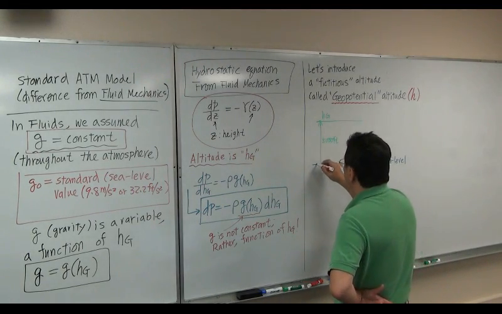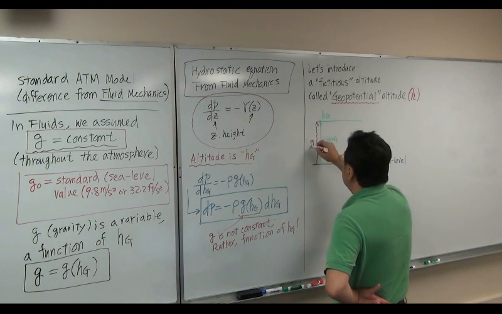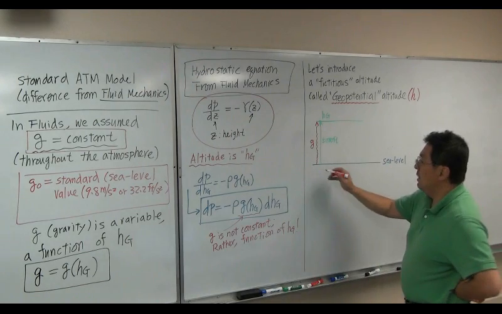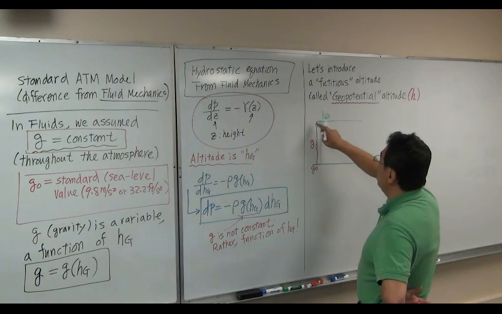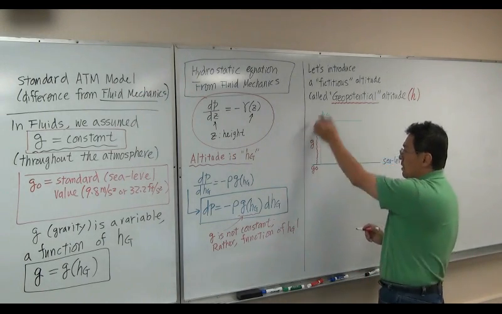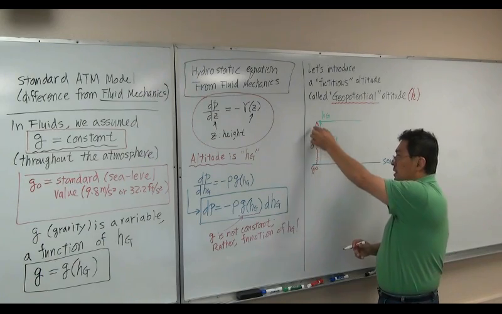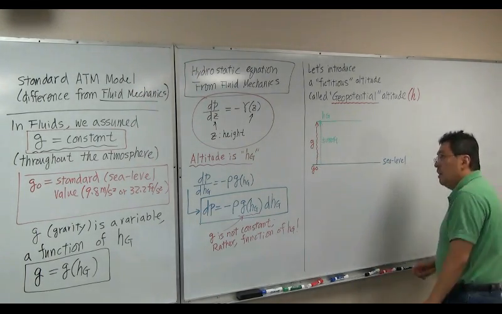However, throughout this 5,000 feet altitude, gravity keeps changing. Gravity is g0 at sea level, but the gravity is less than g0 here at 5,000 feet. So gravity is a function which keeps decreasing.